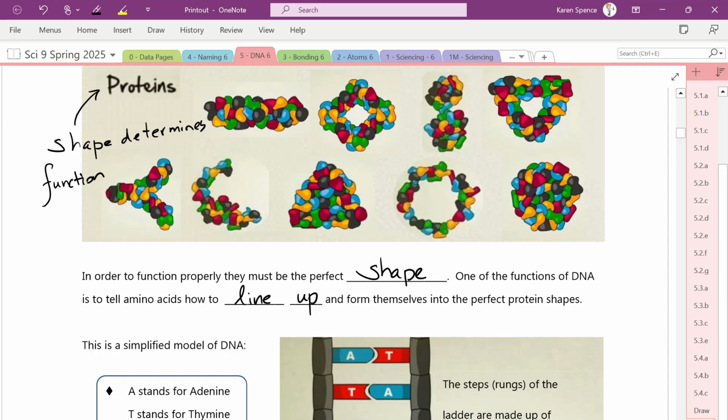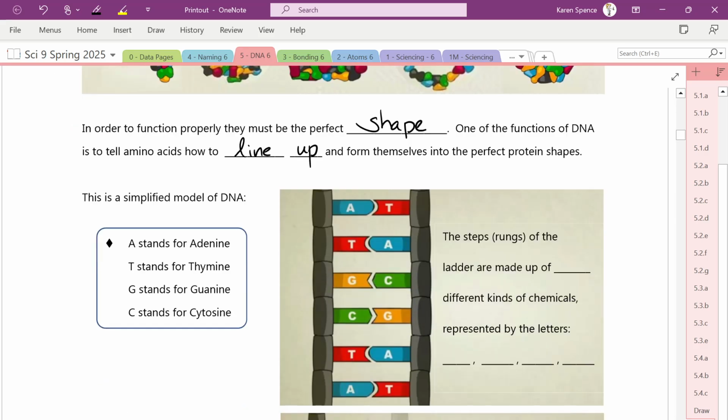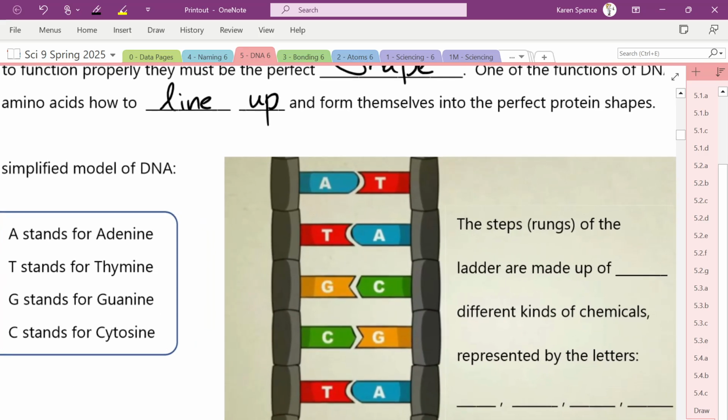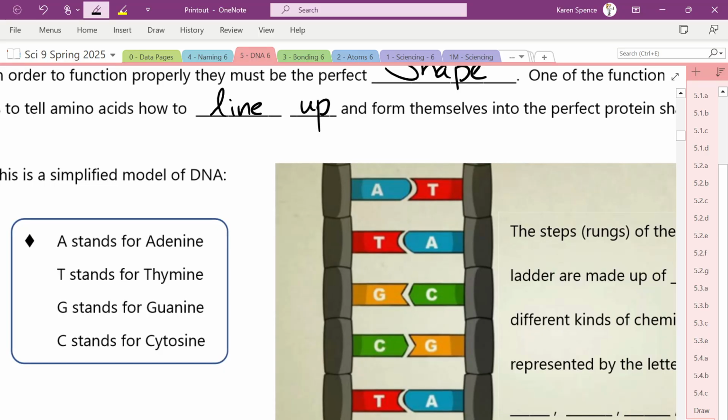Here is a simplified model of DNA. You need to know A's, T's, G's, and C's.